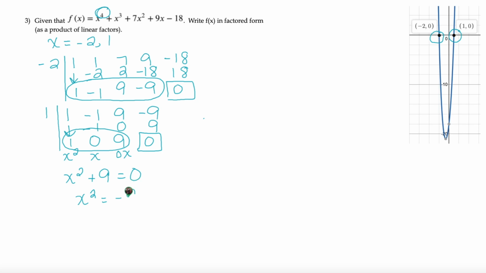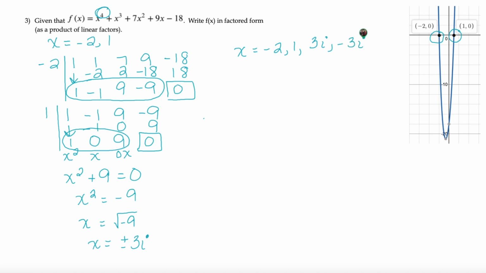And then taking the square root of both sides, the square root of negative 9 will have x equal to plus or minus 3i. So we do have an imaginary complex solution. Our 4 solutions then are negative 2, 1, 3i, and negative 3i.